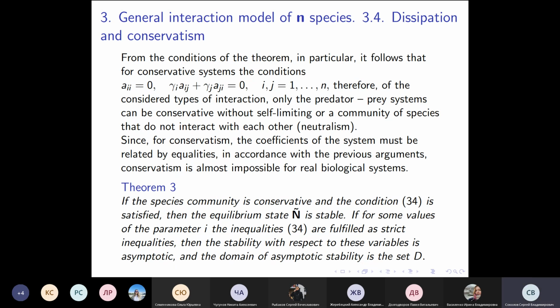So far, if we consider biological models, we can conclude that there is no conservatism in real life, since the conservatism needs equalities.